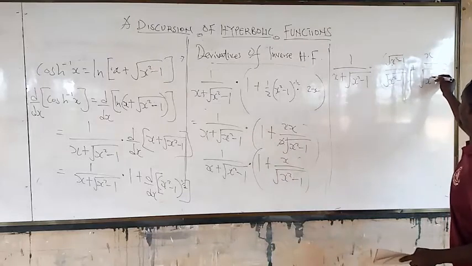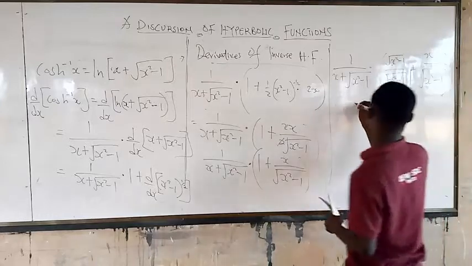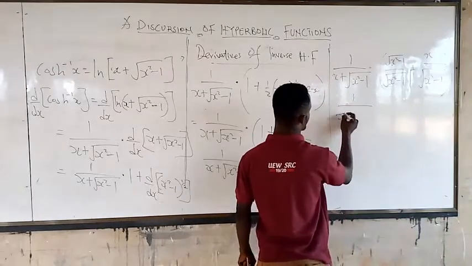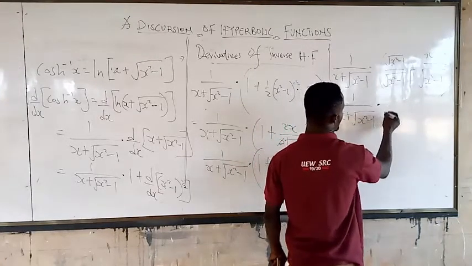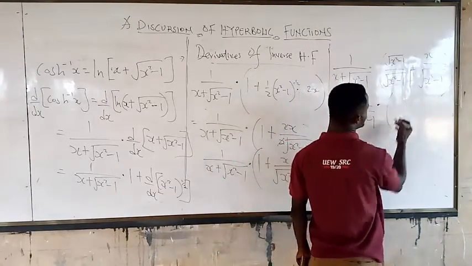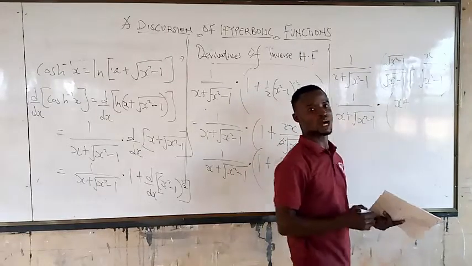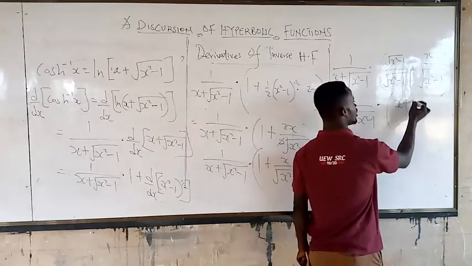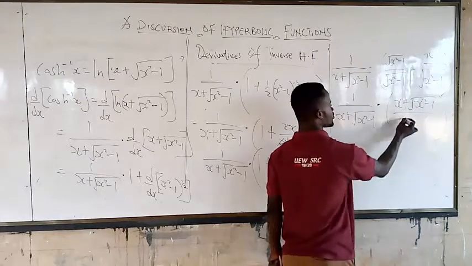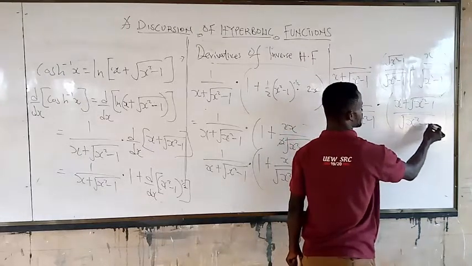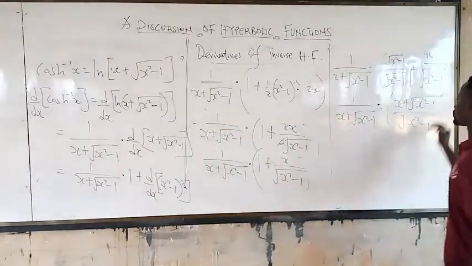That is mathematics for you. Good. So having this, we get 1 over x plus square root of x squared minus 1 multiplying by x plus square root of x squared minus 1 over square root of x squared minus 1, since they have the same denominator, so you add the numerators. Beautiful. So you can see that this one is going to cancel this.